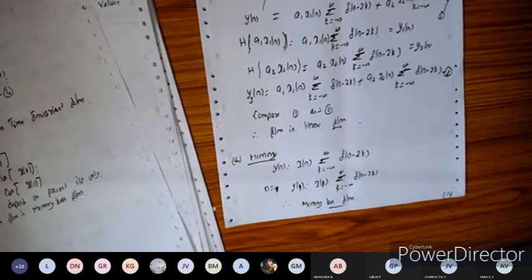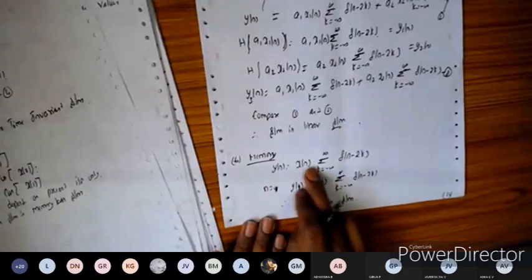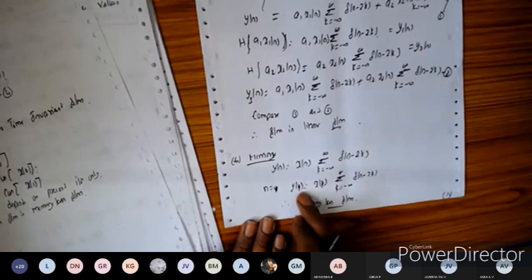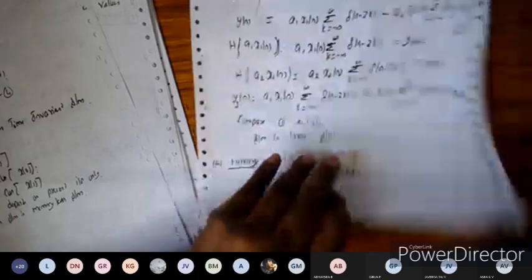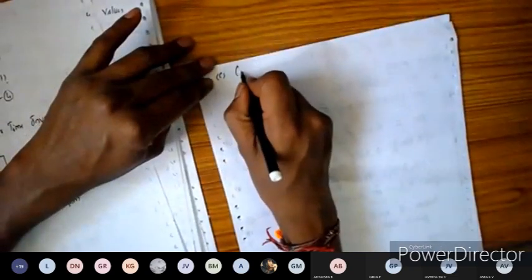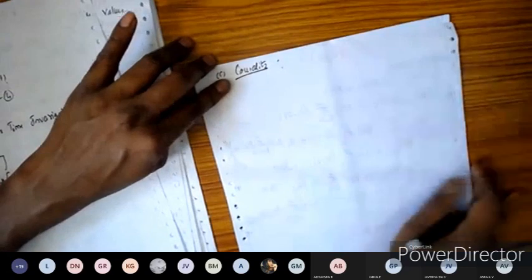And also causal. Why? Because the present output depends on n equal to 1 only, so you can say it is a causal system. It is a memoryless system and it is a causal system. Let us take the next property, which is called causality.